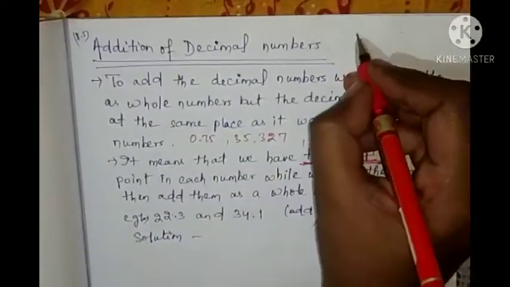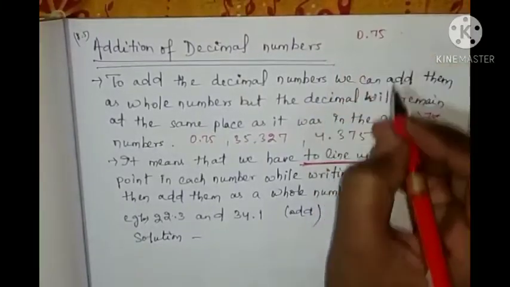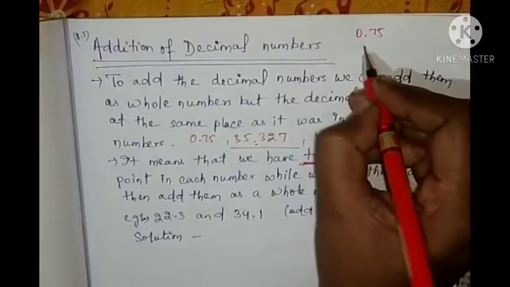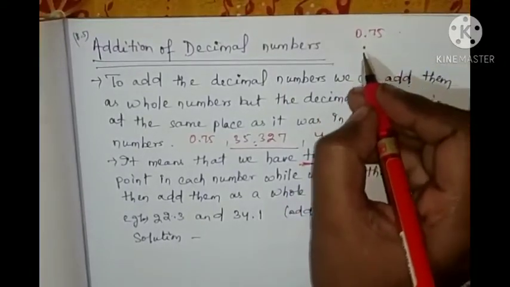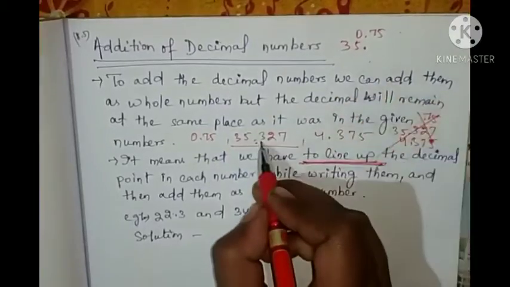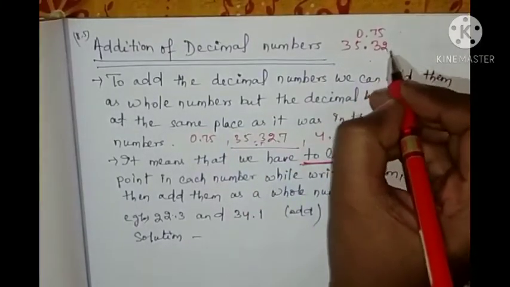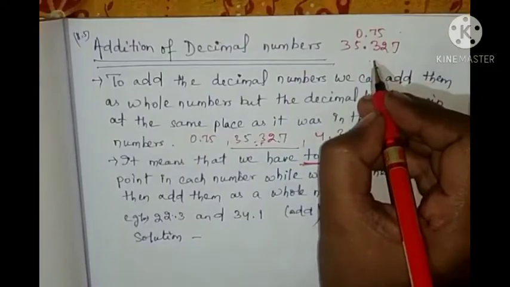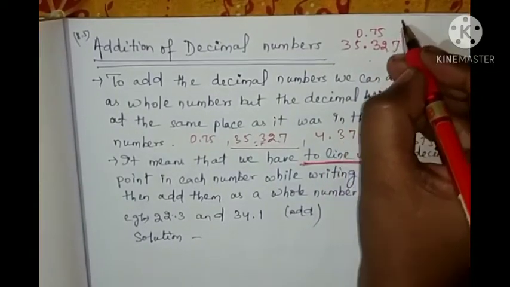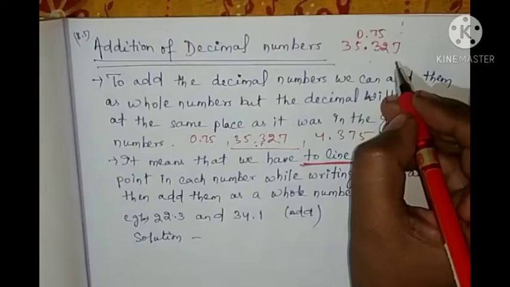Look here, 0.75. For the next number, the decimal point will be in the same place, in the single line. So here 35 and 327: tenths place under tenths, hundredths under hundredths, thousandths under thousandths.